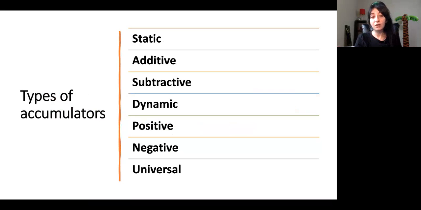Accumulators can be categorized according to whether we can add elements or delete elements. A dynamic accumulator is one where you can do both. And another distinction would be on whether you can prove membership. That would be a positive accumulator. Whether you can prove non-membership, or whether you can prove both, and that would be a universal accumulator.